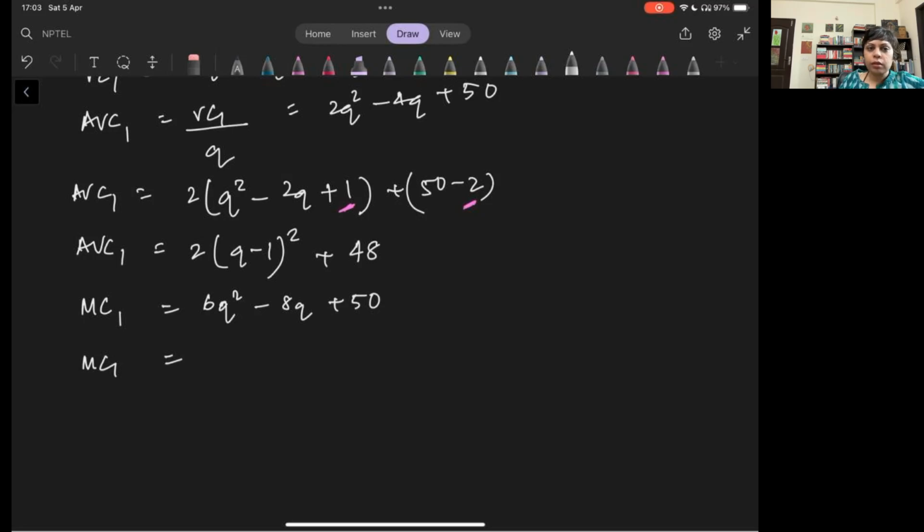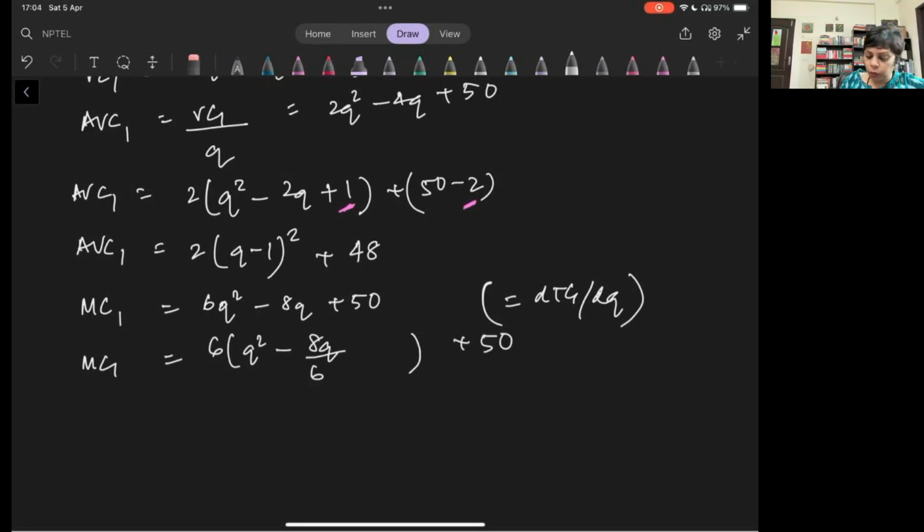Here, as you can see, this is just a differential. This is what we've done, dTC1 by dq. Just explaining this in brackets. Okay, so let me take 6 in bracket: q² minus 8q by 6, plus 50. What should I add to this? Just 2q, divided by 2 becomes 4 by 6.